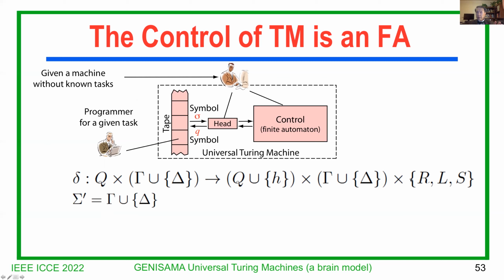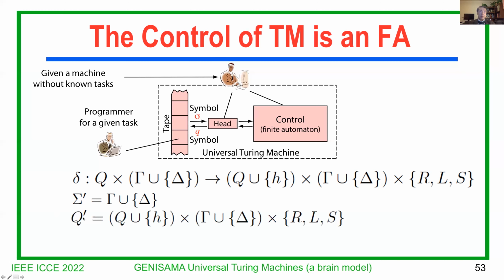Do you remember we have agent FA? If we put these 3 components into the state, I cause this one to be a tape alphabet, and I cause this one to be the new tape state. Then you say, hey, it won't work because this is not Q prime. But you can expand that one. You make this one Q prime, all right?